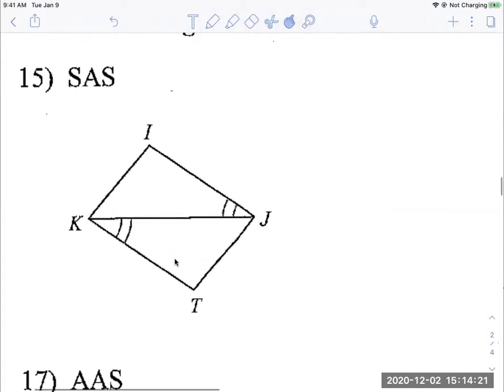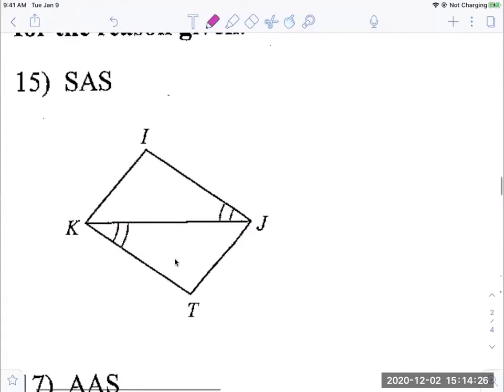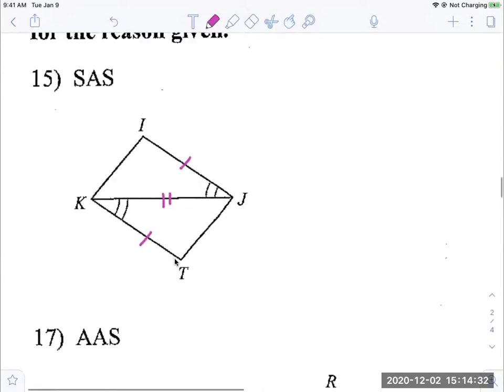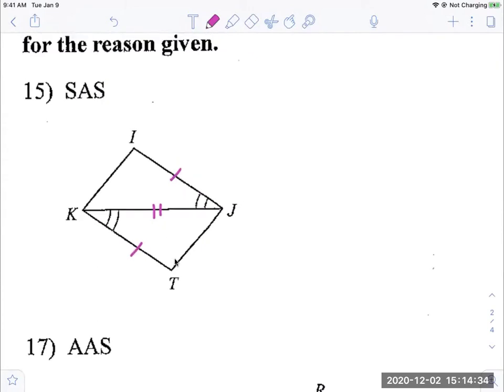So the only way that you can get them congruent by side, angle, side would be if you knew this segment here and that segment there matched up, because our reflexive is going to be congruent. We don't have to state the reflexive because we already know that those are congruent. So what would we need? We need segment IJ to be congruent to segment TK.